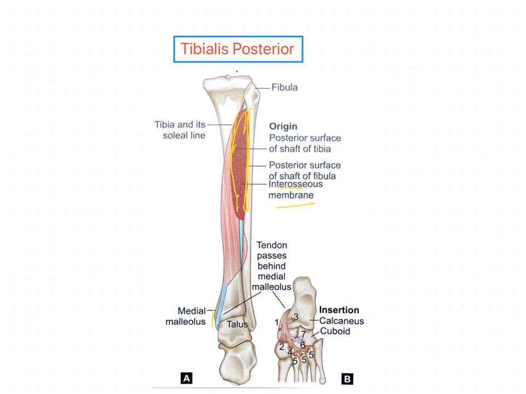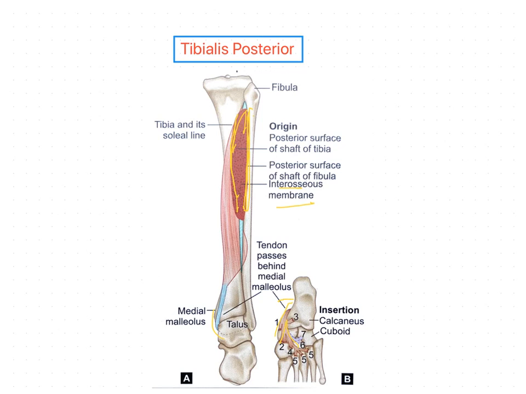If you see the insertion, the tendon passes under the flexor retinaculum and enters the fourth layer of the sole of the foot. It divides into a medial and a lateral part.